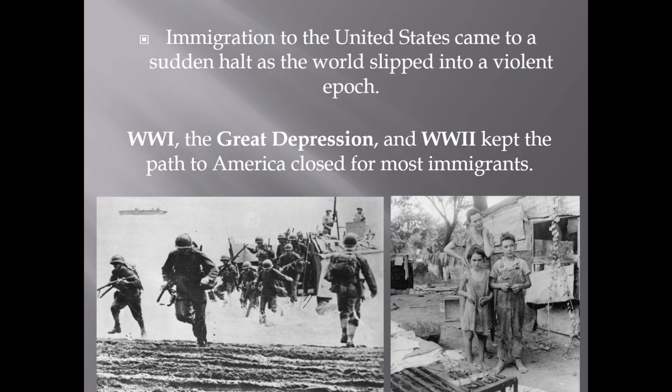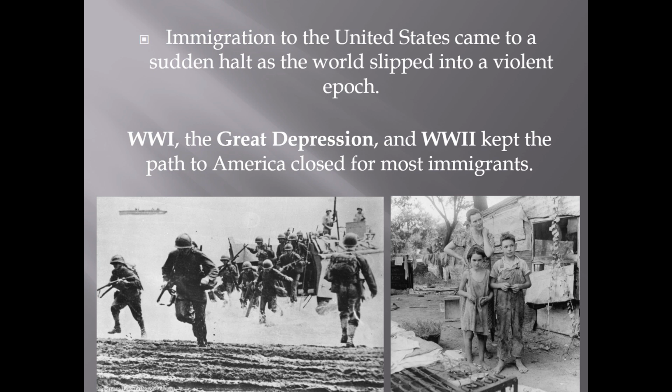In addition to that, the United States passed some really harsh laws in the 1920s that completely cut off immigration to the United States, or at least reduced it to a fraction of what it had been. These were called Quota Laws. And they set a limit on the number of immigrants that could come to the country.